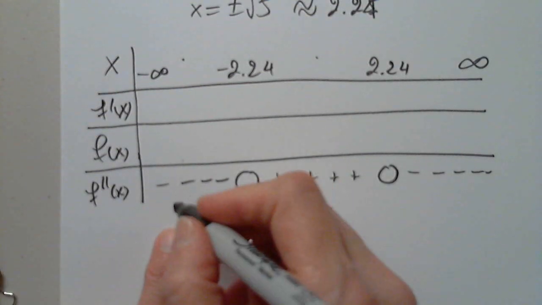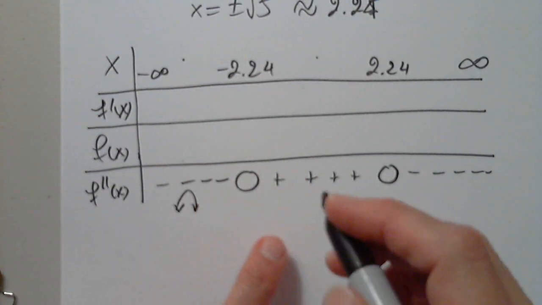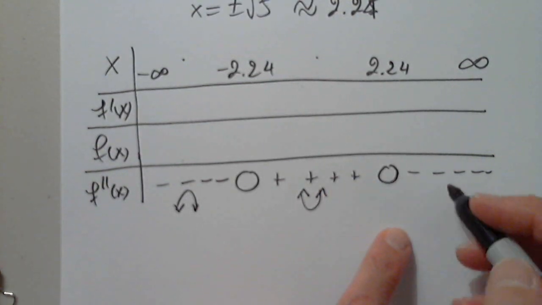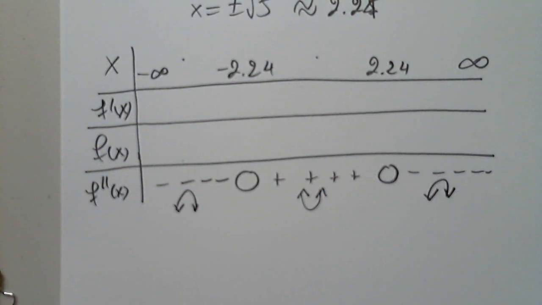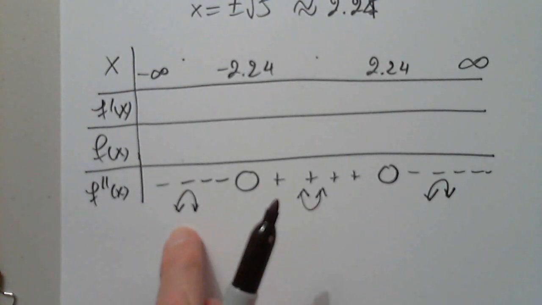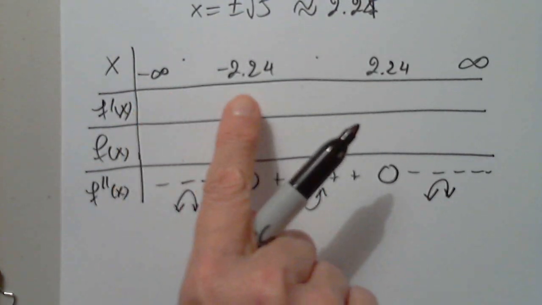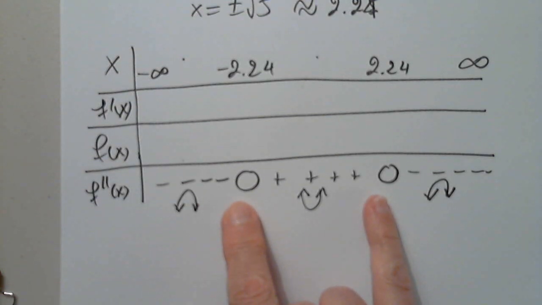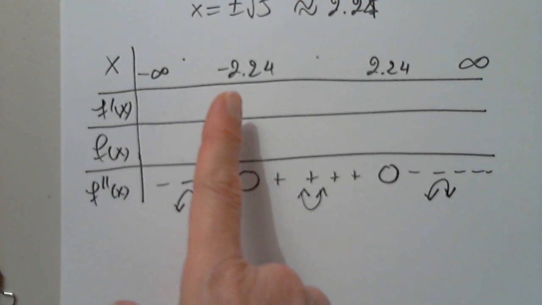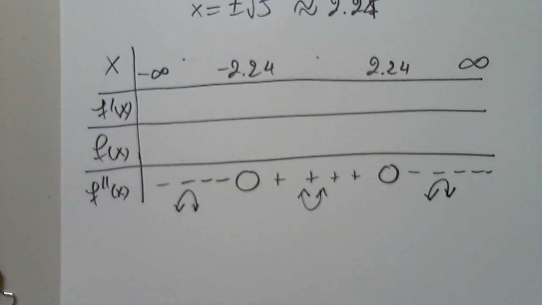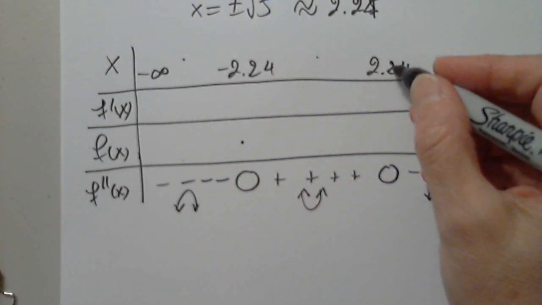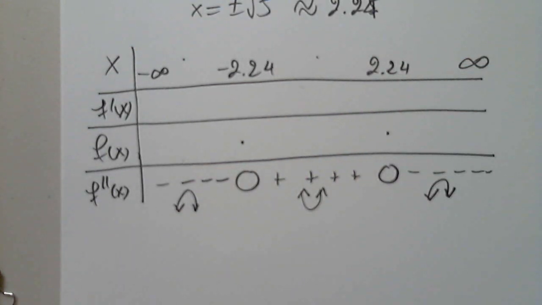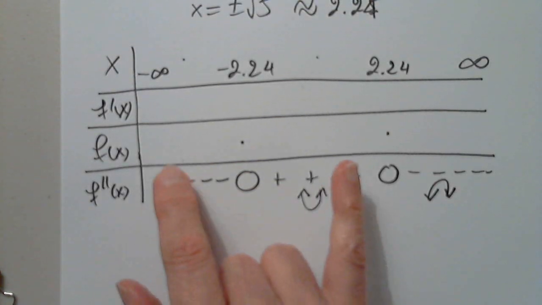So therefore I know intervals of concave downward: negative infinity to negative 2.24, union 2.24 to infinity. Interval of concave upward: between negative 2.24 and 2.24. In order to determine the inflection points, I have to plug this in. Now, are these inflection points?